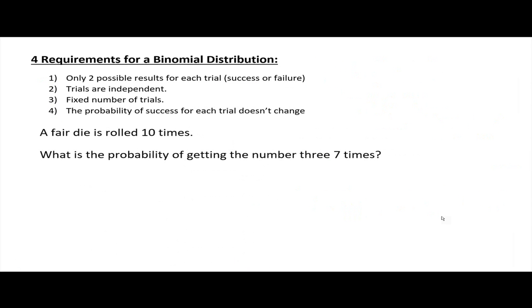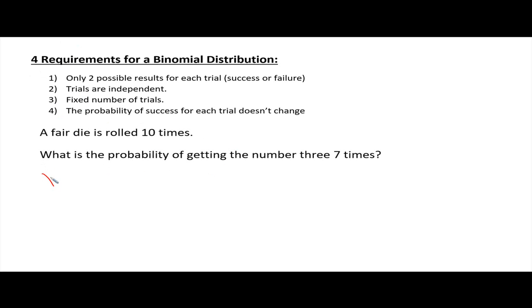So let's take a look at this other example right here. A fair die is rolled 10 times. What is the probability of getting the number 3 7 times? First of all, when I'm reading this question, you need to recognize whether it meets the 4 requirements for binomial distribution.